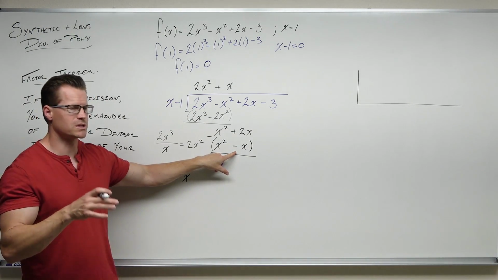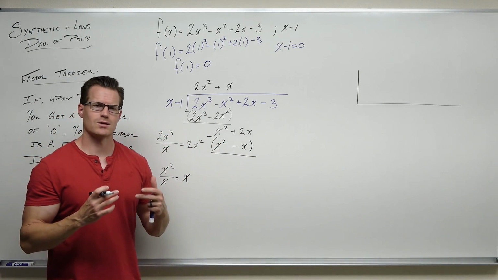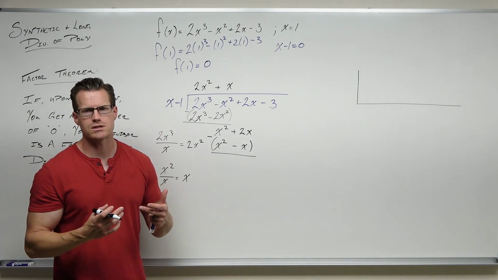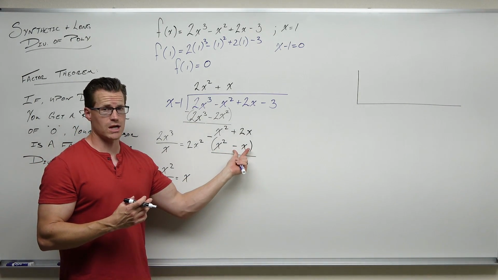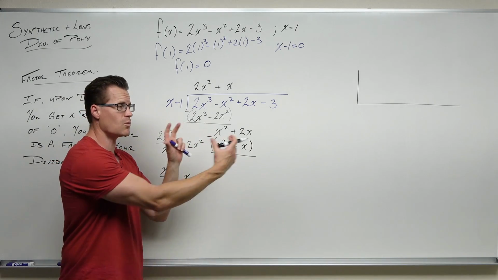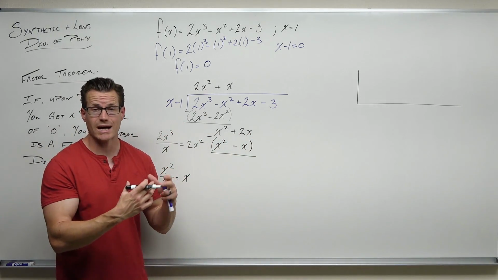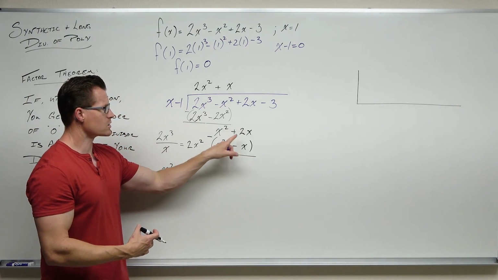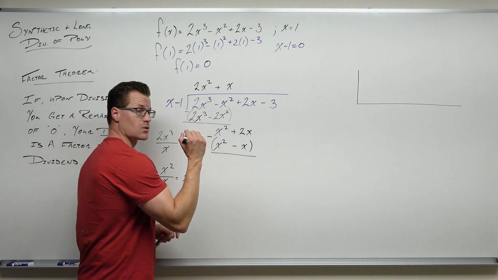Do you see? I hope you see why I use parentheses, because that's a little cue for my head to say, hey, slow down, you're going to have some sign changes. This second term is always going to change signs because you are subtracting. If you have more than that, all of your last terms are going to change signs because you are subtracting a full polynomial. So 2x minus a negative, so 2x plus x is 3x.